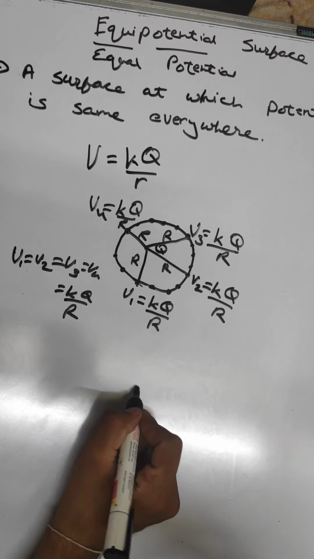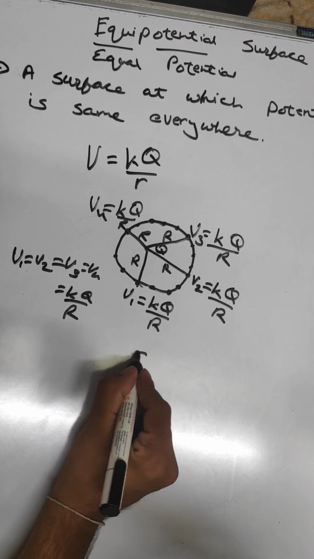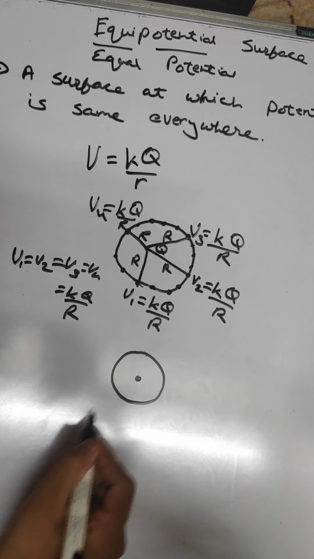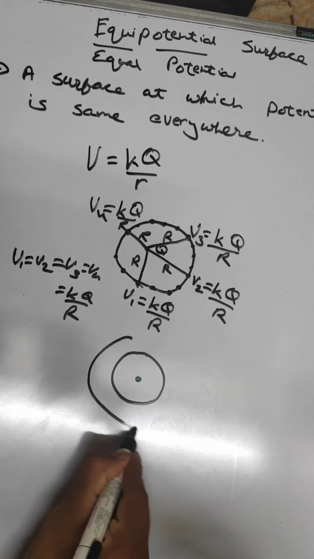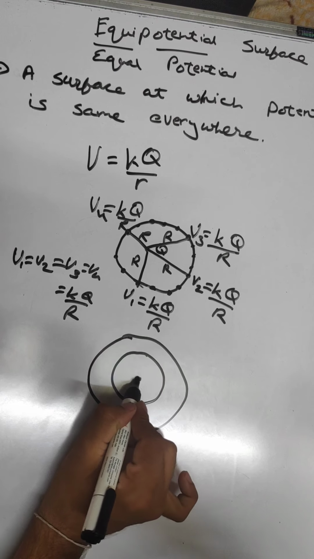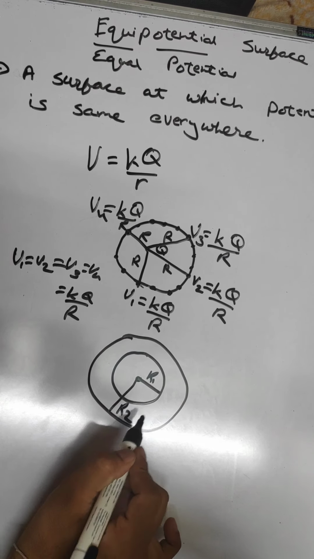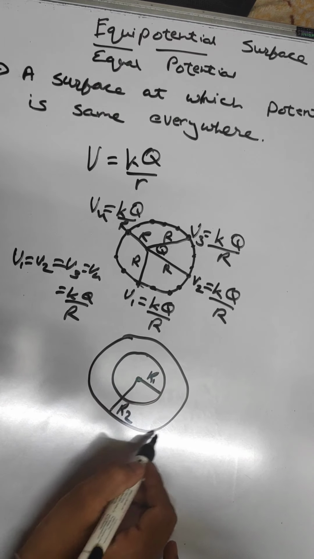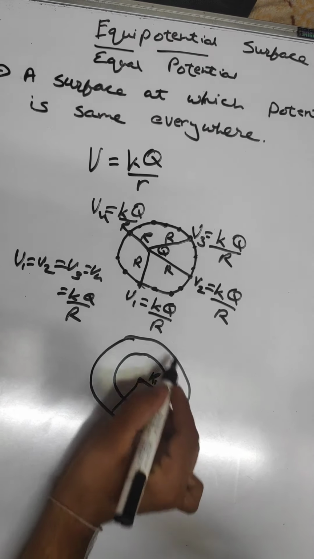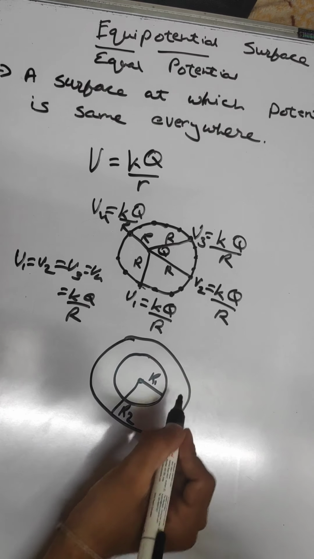Now suppose I have a point charge over here. Suppose I have another surface, let this be r1 and let this be r2. So this becomes an equipotential surface, and this also becomes an equipotential surface, and any number of spheres over it will become equipotential surfaces.